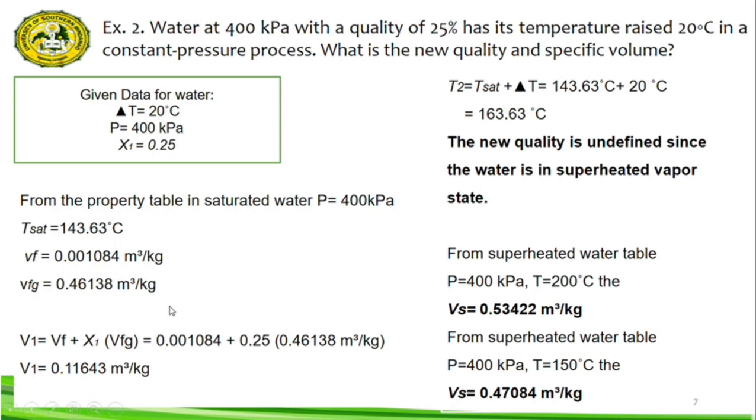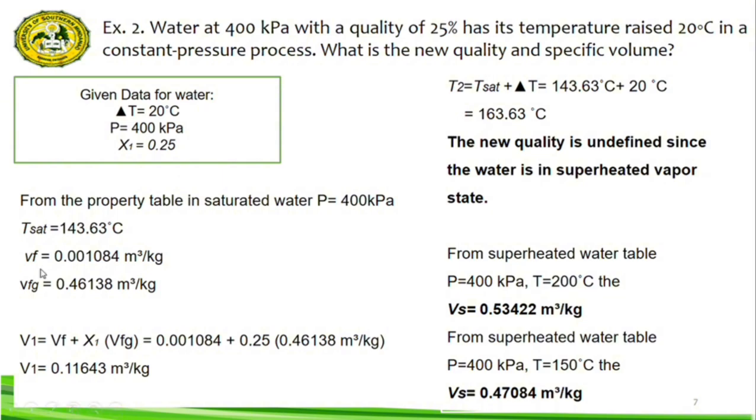Now for the solution of this, we first have to find the initial volume, which is VF, our saturated liquid, plus our quality X multiplied by the difference between the saturated liquid and saturated vapor.